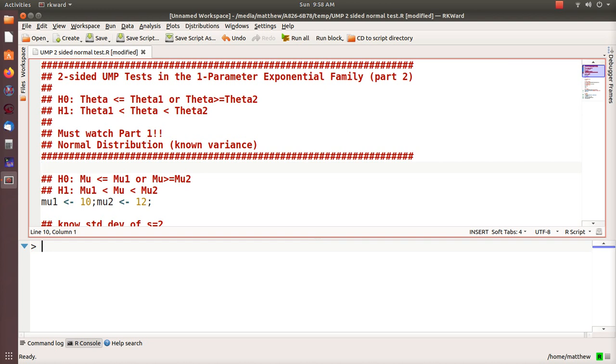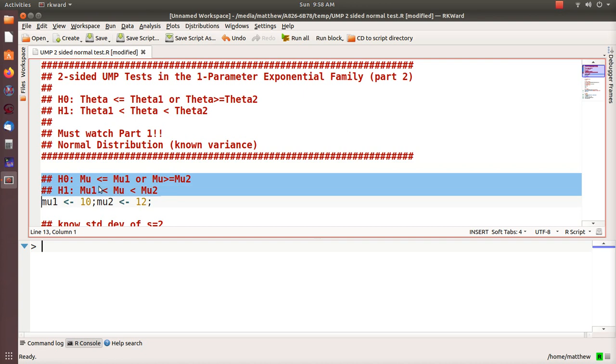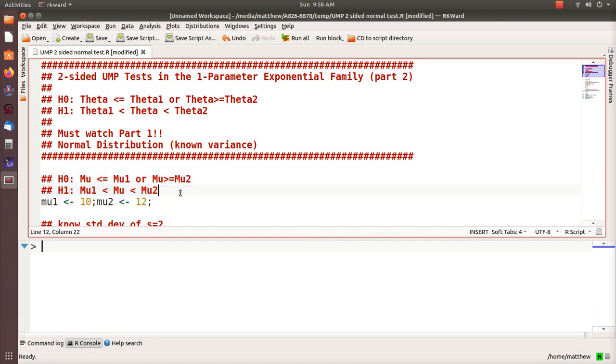In part 1 we looked at the normal distribution with the known variance, and we were testing the mean. So this is the setting that we're in. Is the mean less than or equal to some value, or is the population mean greater than or equal to some value, or the alternative, is it in between those values?